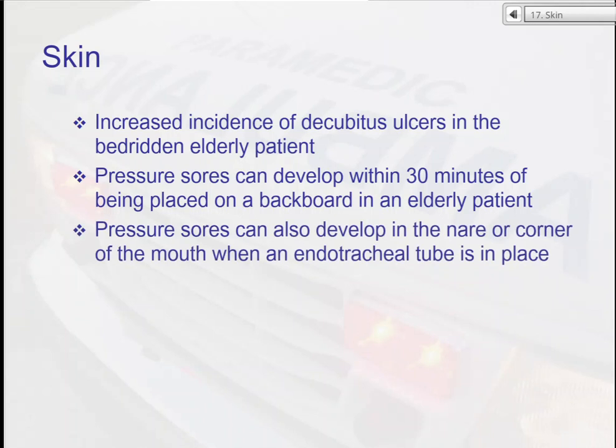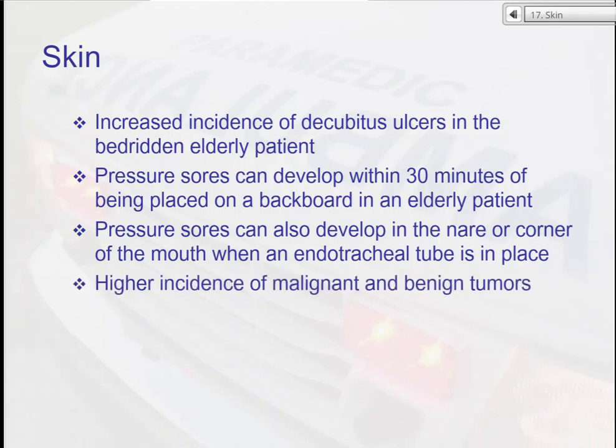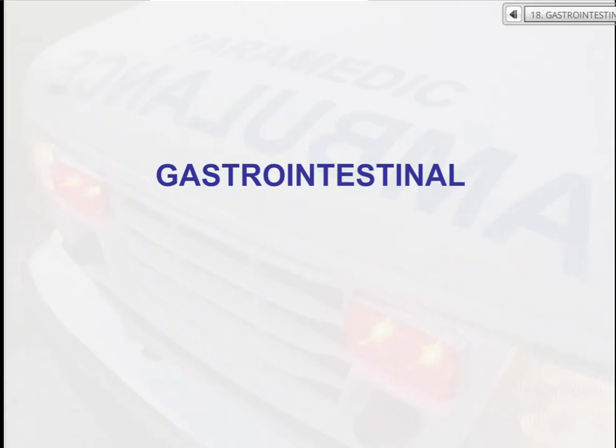And they can get pressure sores in areas that you might not suspect, like the nares from nasal prongs. Now that's not generally a pre-hospital issue, but when they've been in hospital for a while, they can get pressure sores in their nares or around the mouth from endotracheal tubes placed with pressure up against the lip. And there's a higher incidence of malignant and benign tumors in the elderly.